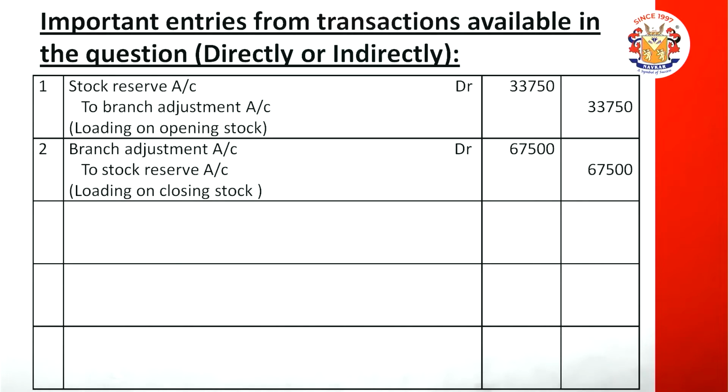So I can say that 33750 would be credited to branch adjustment account, but loading on closing stock is unrealized, and hence 67500 would be debited to branch adjustment account, and stock reserve will be raised by 67500 and will be carried forward.